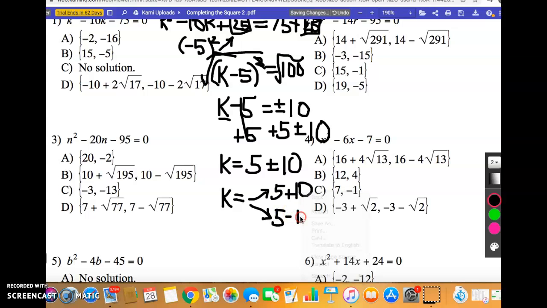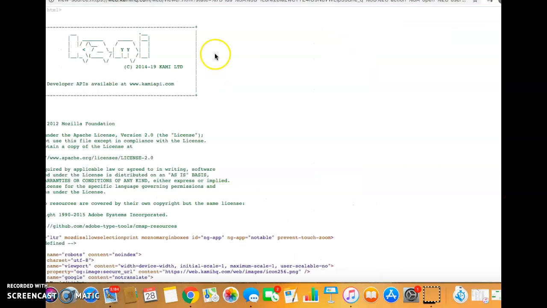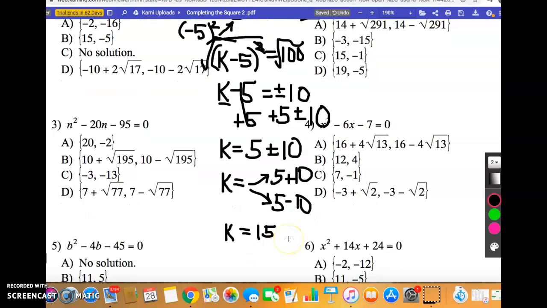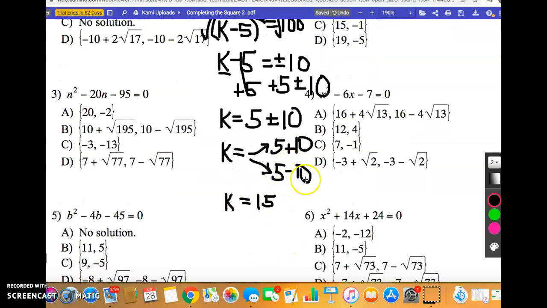All right, so if you can solve both of these solutions, 5 plus 10, well, we know 5 plus 10 is 15. Right, sorry, something popped up. I'm back here. So 5 plus 10 is k equals 15. That's the top one. And this bottom one here, 5 minus 10 is going to give you the other solution.